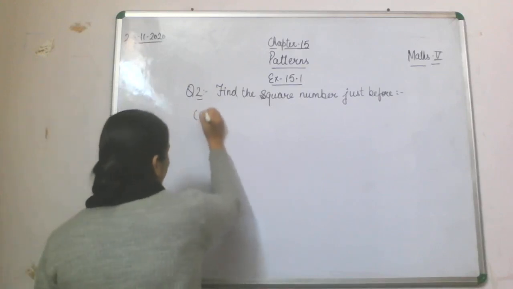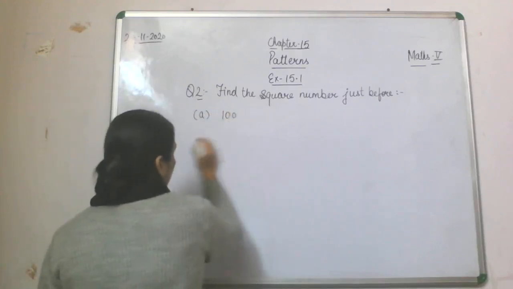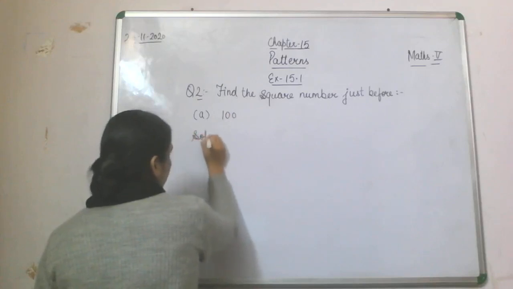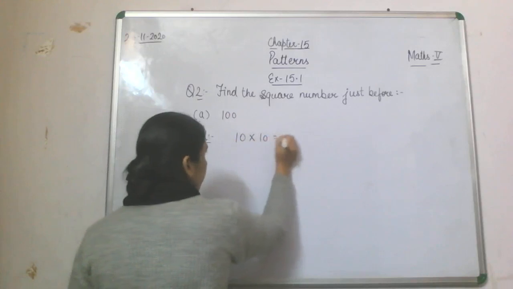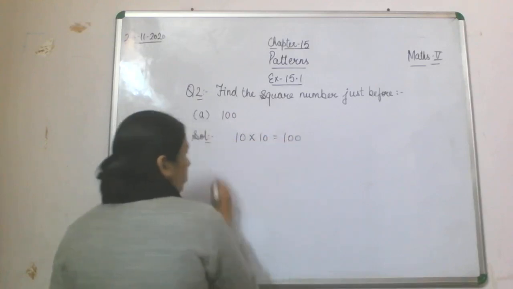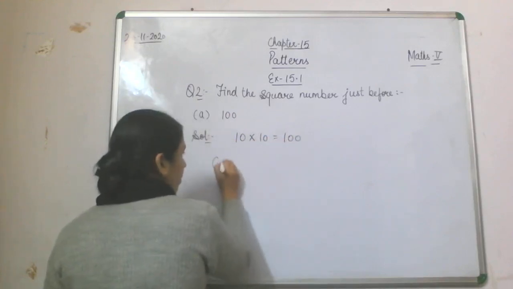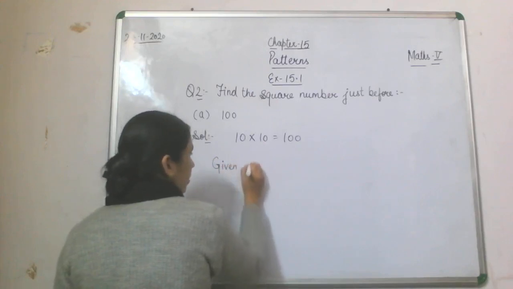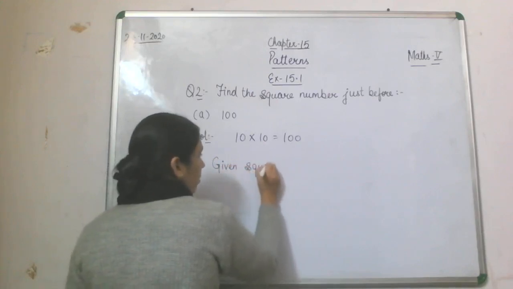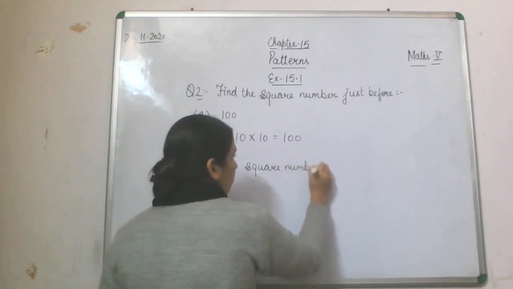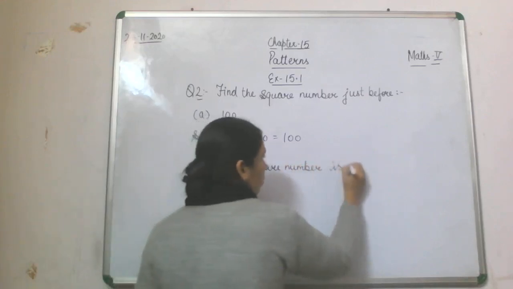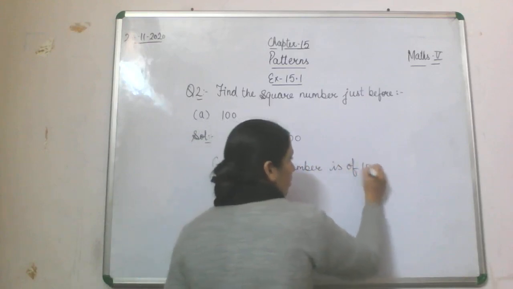Now here 100. We all are aware that 10 multiplied by 10 forms 100. So the given square number is of 10.